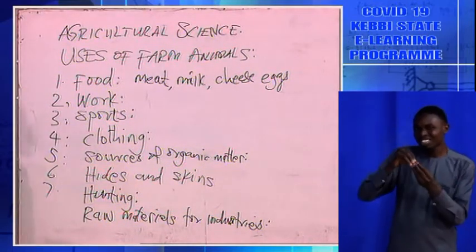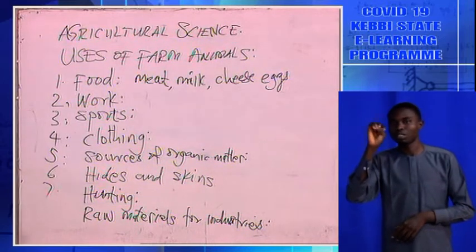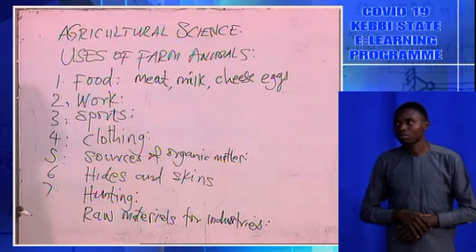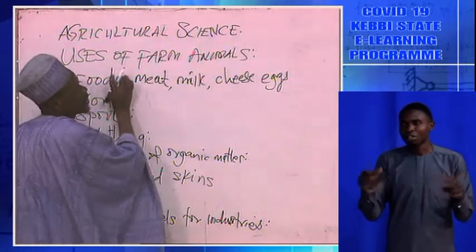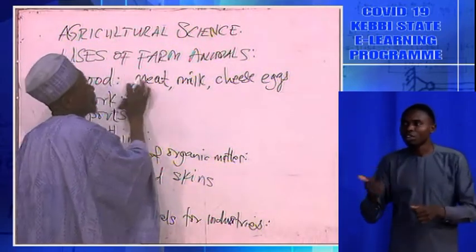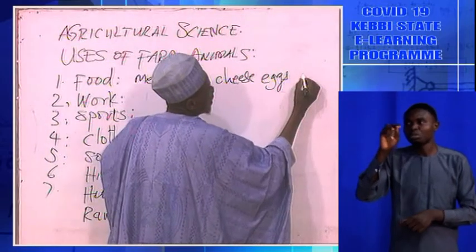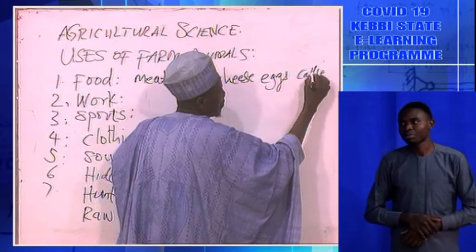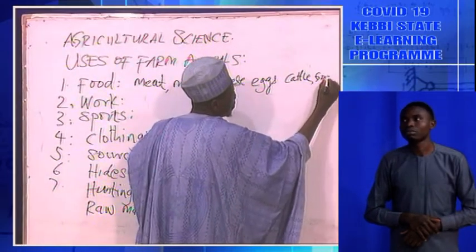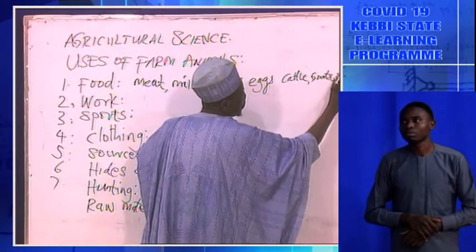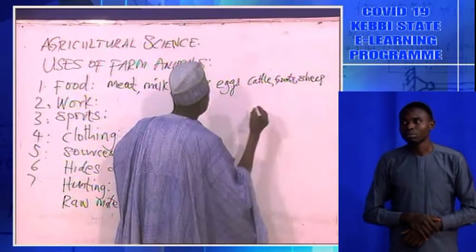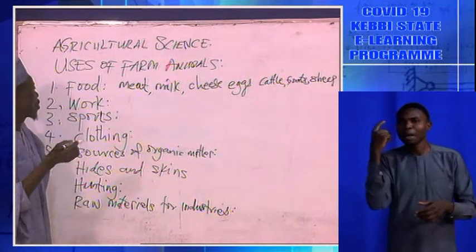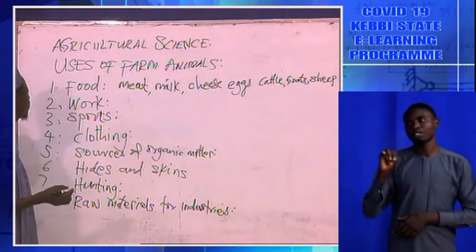And then work. Let's go to work. What do we get? Work animals. Let's give one example of those that give meat: cows or cattle, goats, sheep, camels, and others. Then work animals. What do they give?